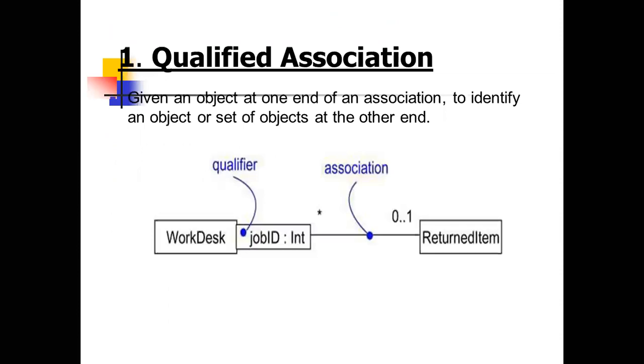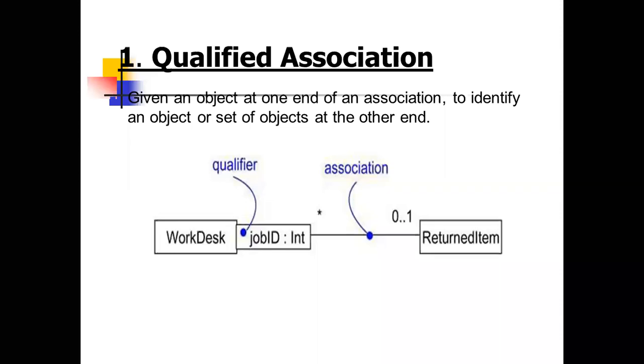The first one is qualified association. What is a qualified association? In this, a given object at one end of an association identifies an object or set of objects at the other end. The qualifier partitions the set of objects across an association.